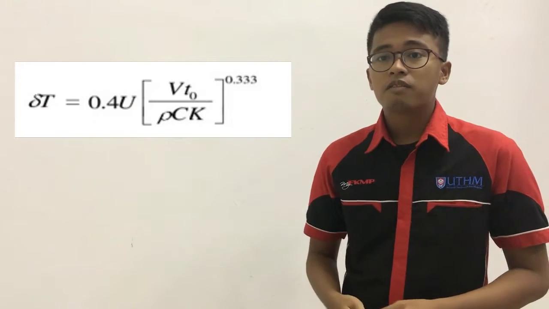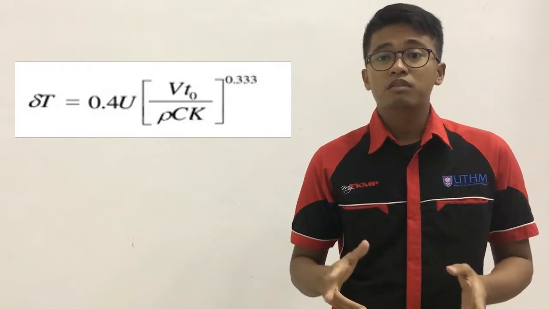Cook's equation is a very useful formula to determine the mean temperature rise at the tool-chip interface. The equation here, as you can see, involves some parameters that can be ranged into many values.